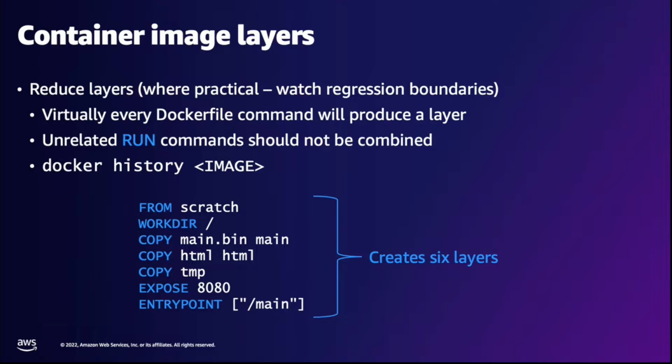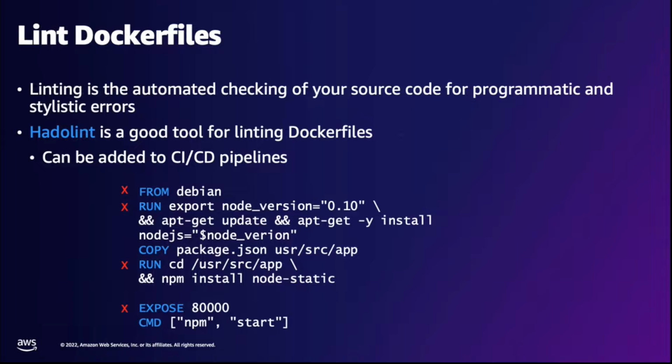On top of that, it's always good to lint your Dockerfiles. There are several tools out there that can be used. Hadolint is one of them. For example, when you run your Dockerfile against one of these tools, it provides some recommendations and some observations on the way you are developing your Dockerfile, right?